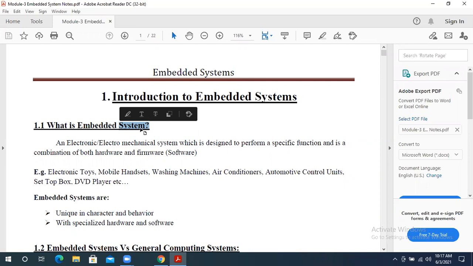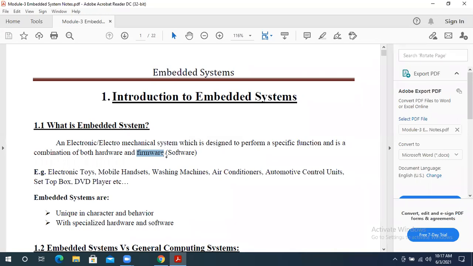The same here also. First, you should know what an embedded system is. They give it here as an electromechanical system which is designed to perform a specific function. This is very important to understand: specific function, and it is a combination of both hardware and software here. It is also called firmware. Firmware is nothing but another word for the software here.